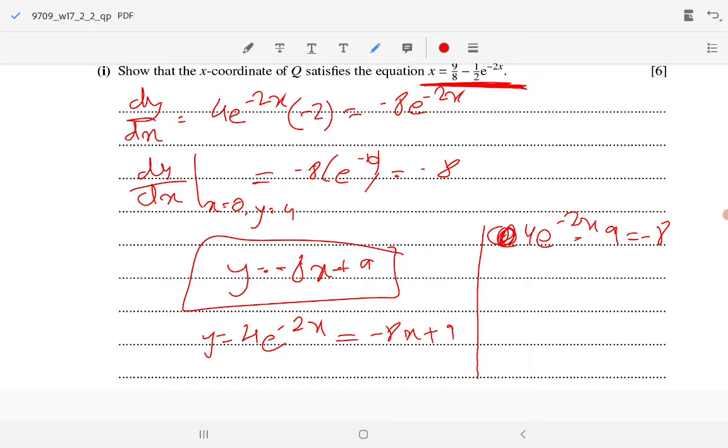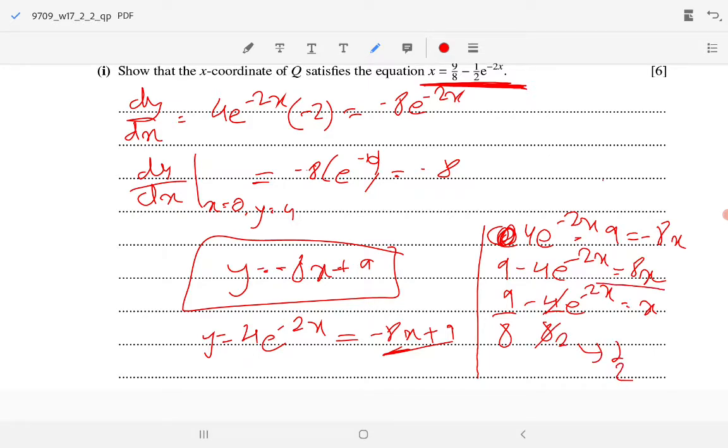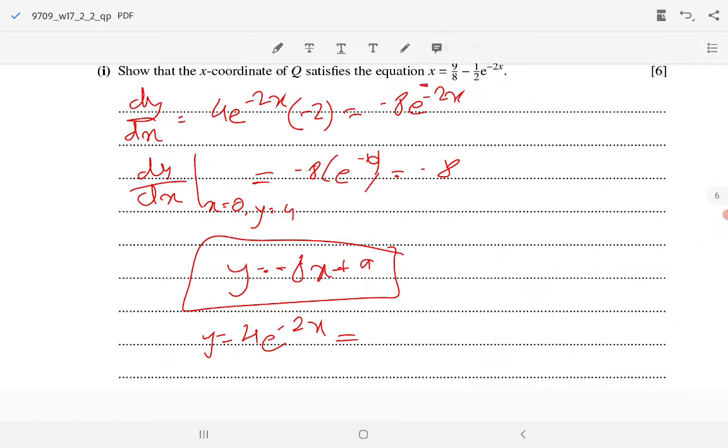Multiply both sides by negative 1, we get 9 minus 4e raised to minus 2x equals 8x. Then if you divide both sides by 8, we get 9 upon 8 minus 4 upon 8 e raised to minus 2x equal to x. This will give you half. So we finally get this. Alright guys, moving on to the next question.